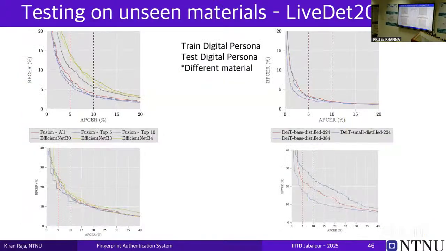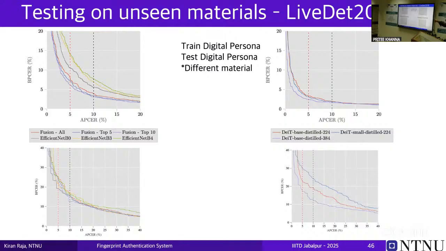And then comes the second part, right? Today morning there was a question: why should I train on one data set and test on different data sets? This is a typical case. You have the training done on one kind of data set, and then you are testing on the same sensor, but the material is changed. So the material used for creating the fake fingerprint is now different.